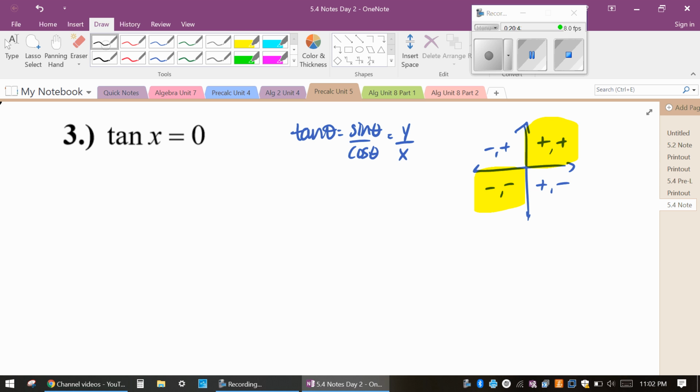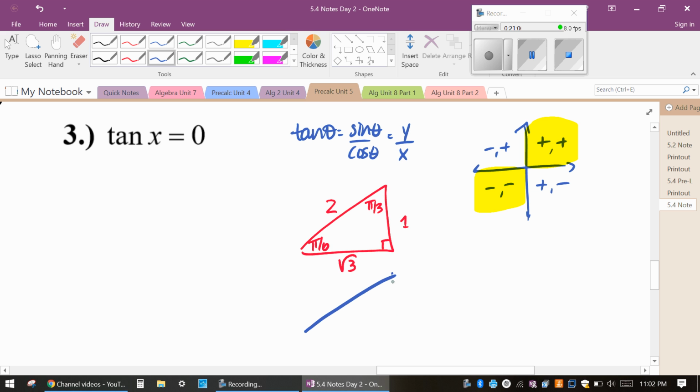Which triangle, 30, 60, 90, aka pi over 6, pi over 3 triangle, or pi over 4, 45, 45, 90, would allow me to get a tangent of 0?